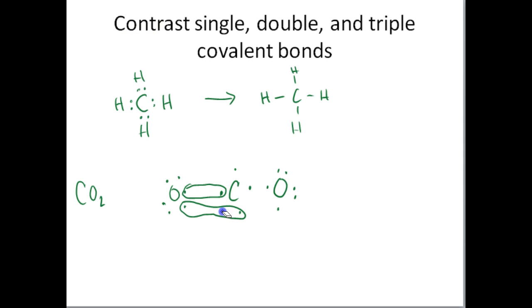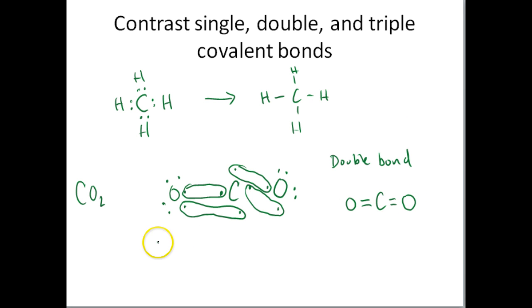I'm just going to erase this little tiny mark right there in case it's confusing anyone. That was just an extra mark. So it will share these 2 pairs. And we have a very creative name when the covalent bond is sharing 2 pairs of electrons, and it's called a double bond. And we represent it with, instead of a single dash, 2 dashes to represent the double bond.